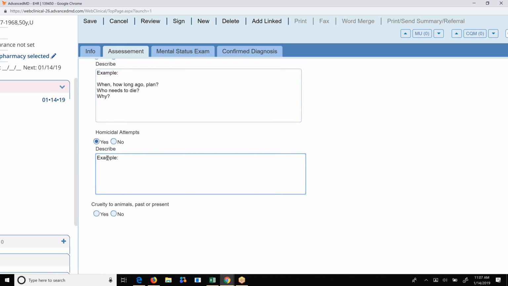When did it occur? Most recent, implemented method. All of those things are just as significant for all of these sections.